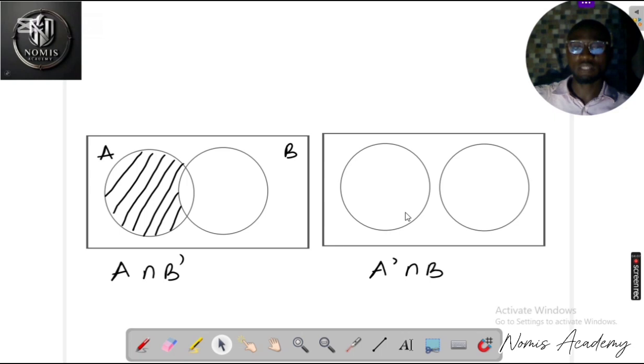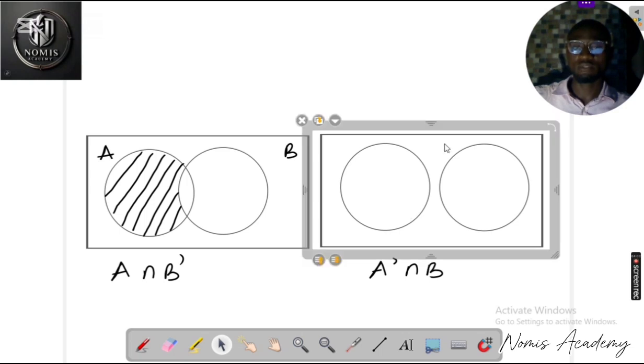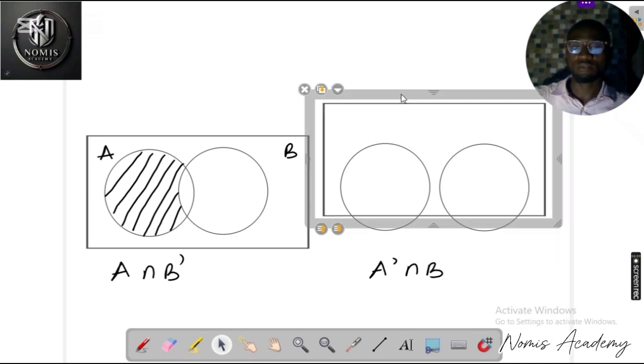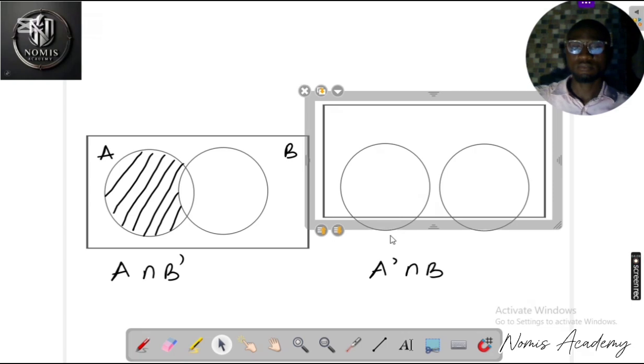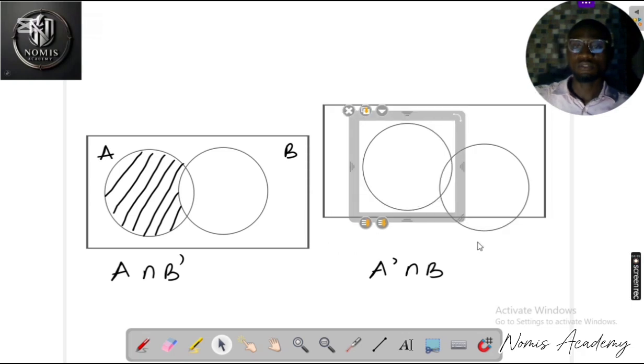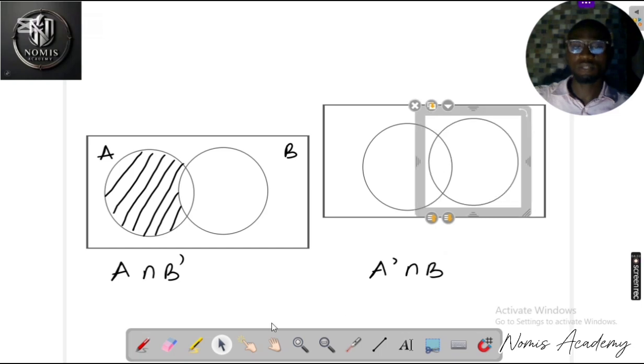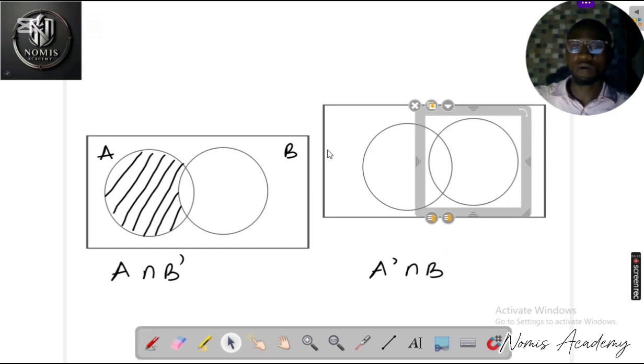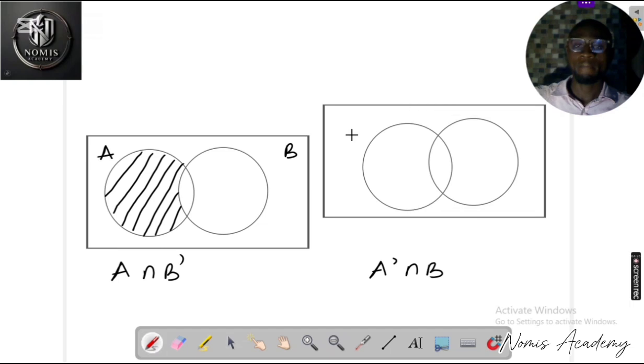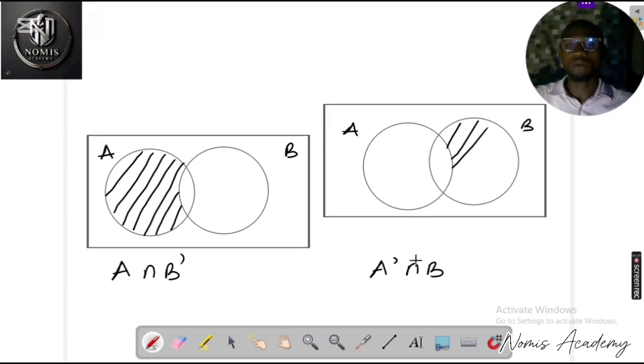If we have this connected together, and we have this as our A, and this as our B, only this particular part will be shaded now. So that tells us A complement intersect B.